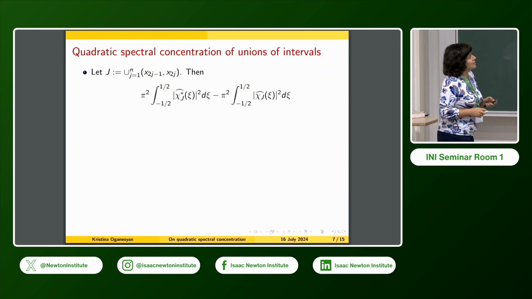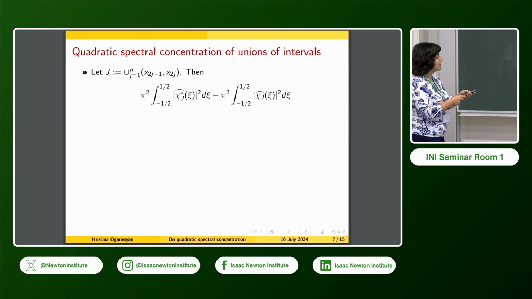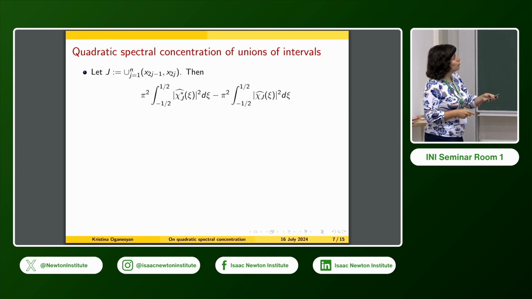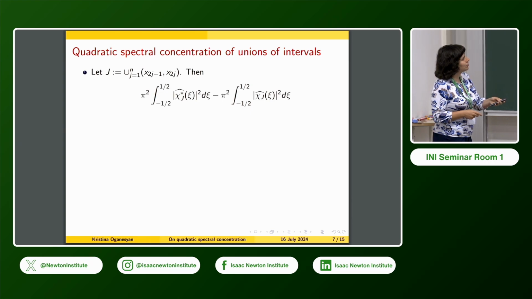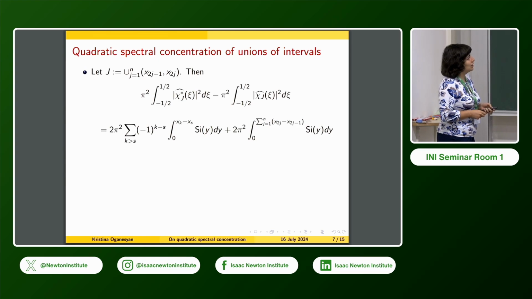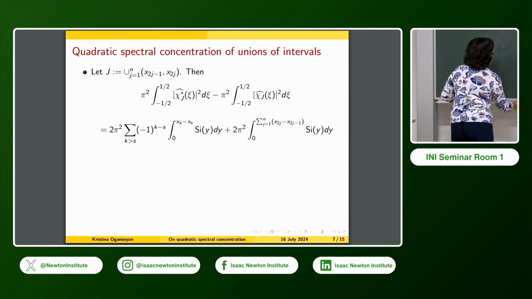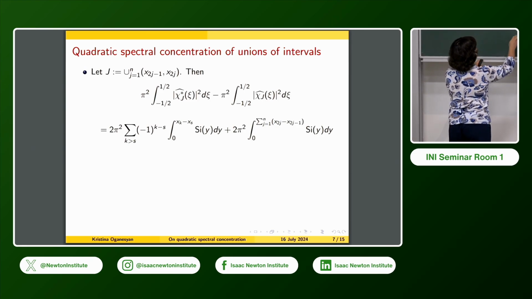And okay, let us analyze a little bit this difference. So I have this L2 norm for the interval, and I have the L2 norm for the union of intervals of the same total length. If I write everything down, I get this expression. So let me write this.